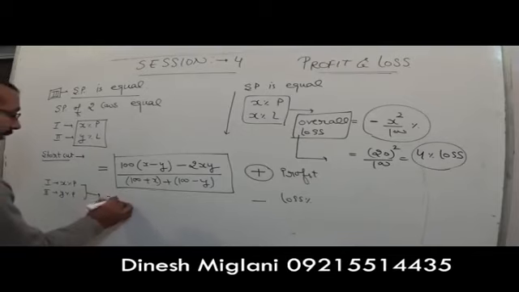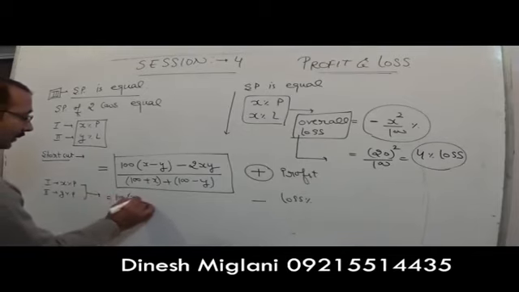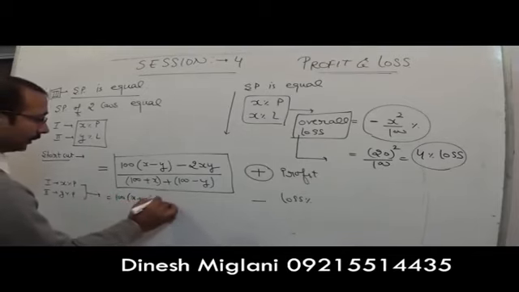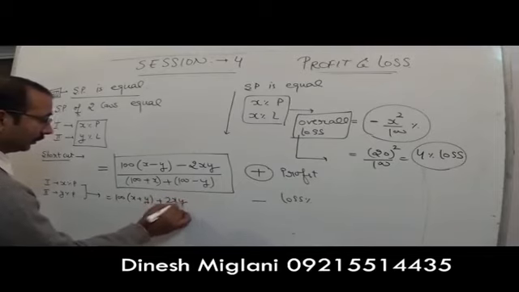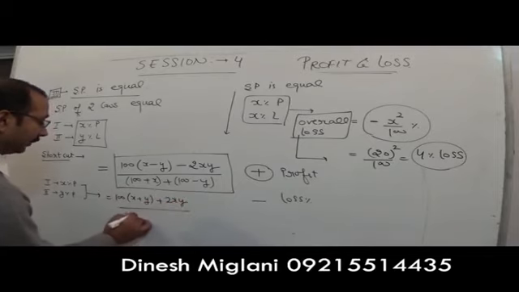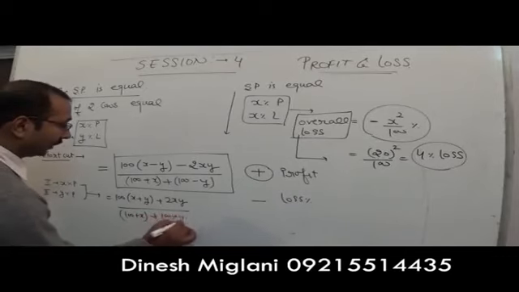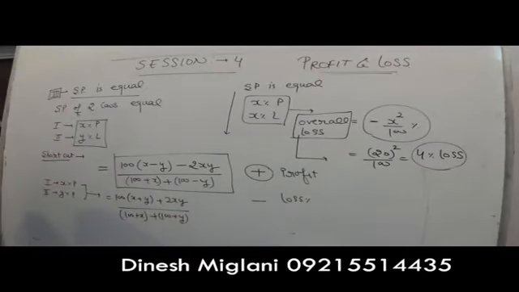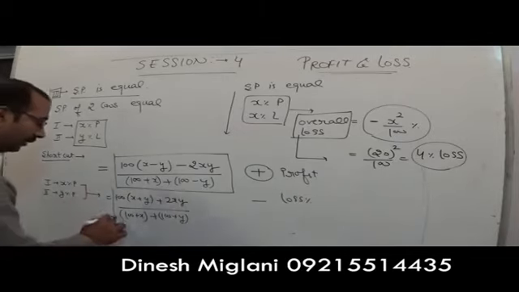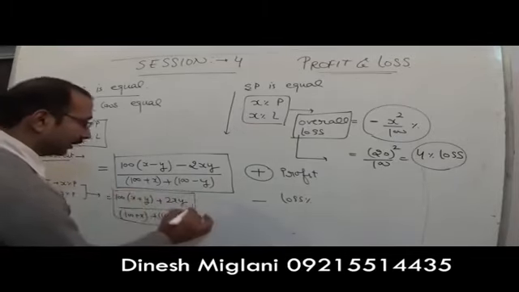It should be 100 into (X plus Y plus 2XY) upon (100 plus X) plus (100 plus Y). Because here I am getting a profit, that minus should be replaced by a positive sign. So this gives me the overall profit percentage.